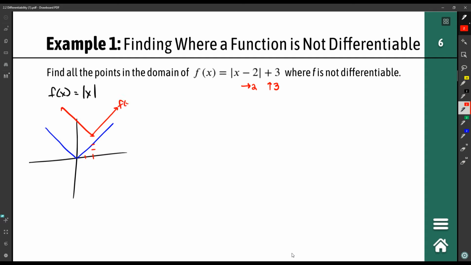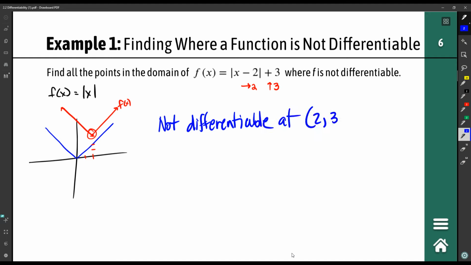This is f of x. And this then would not be differentiable at its vertex, and that is the point (2, 3). So we are not differentiable at the point (2, 3). Or we could even say something like this function is differentiable everywhere except x equals 2.